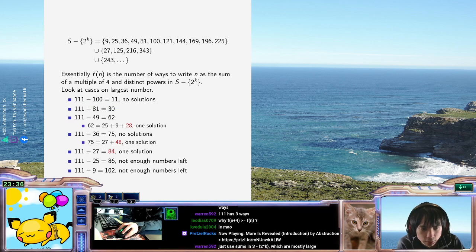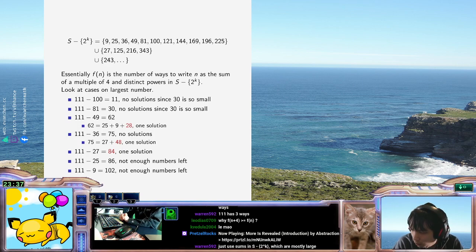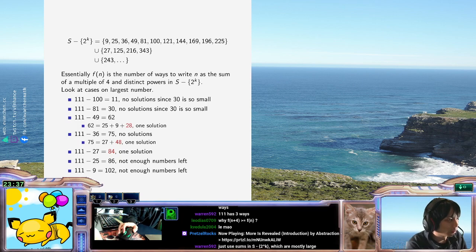No solutions because 30 is too small to write as 4 plus any of the other things. Okay, please say the answer is actually 111, or did I miss a case?